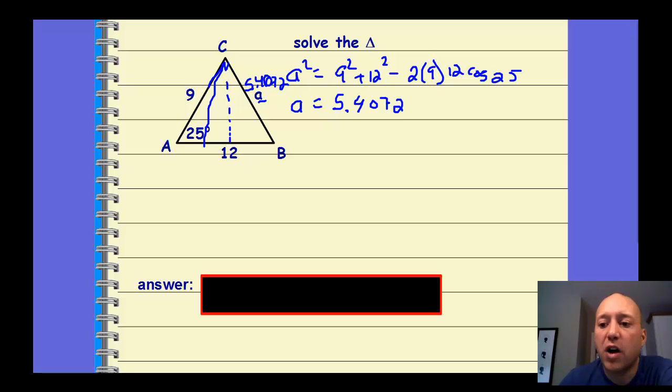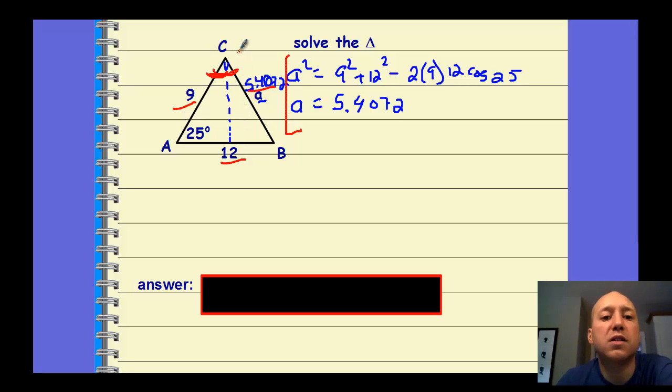To make sure we don't have that, we can use law of cosines. If you use law of cosines once here, you're going to use law of cosines a second time. Now we have the three sides. So use law of cosines to find the largest angle, C, and then you'll make sure that you do not get the ambiguous case.